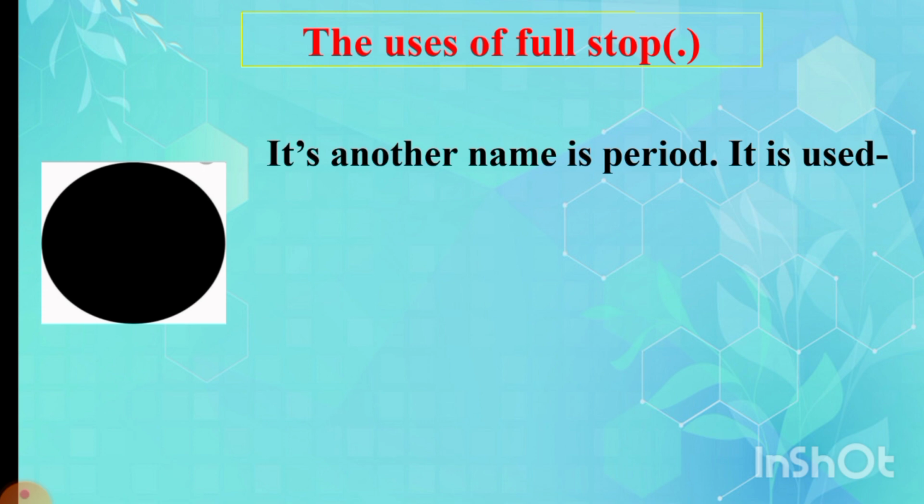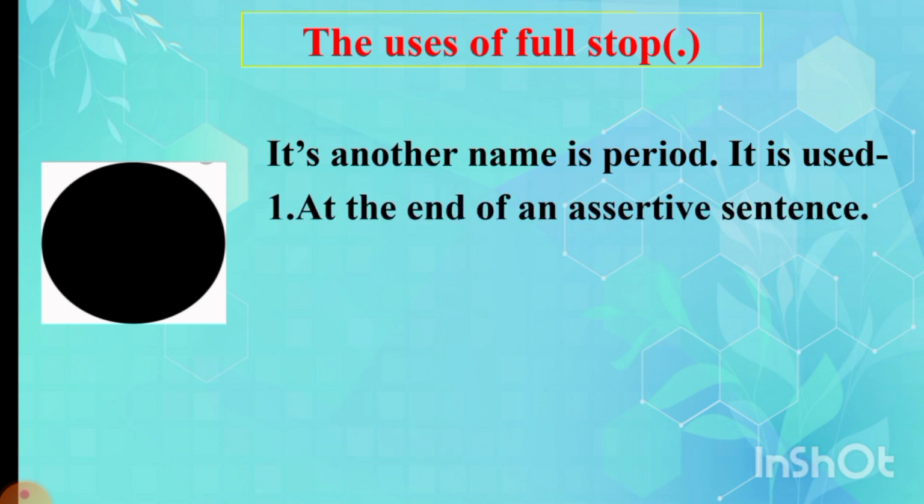Generally we know that it is full stop, but it has another name. Its another name is period. It is used at the end of an assertive sentence. And you know that an assertive sentence is divided into two parts: one is the affirmative sentence, another is the negative sentence.